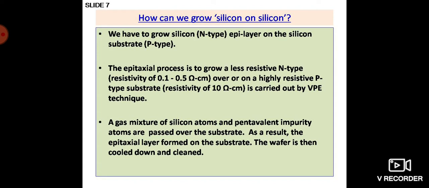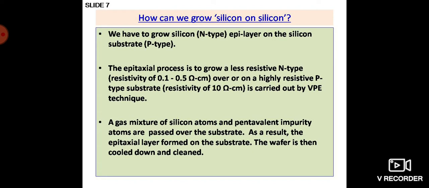Some special arrangement is used for this mechanism. Because we have to grow an N-type silicon epitaxial layer, we always dope the silicon by pentavalent impurities.